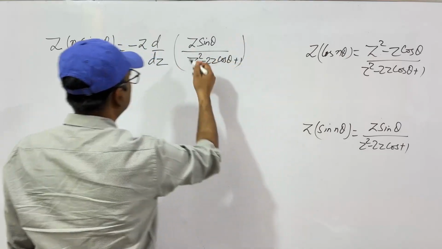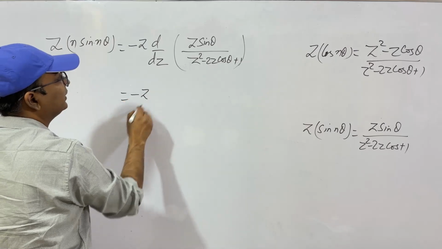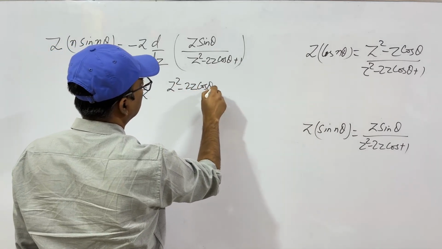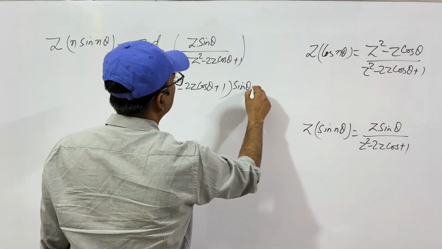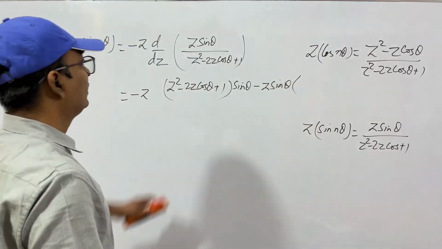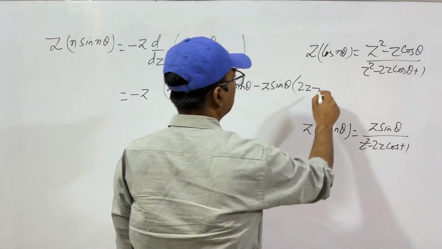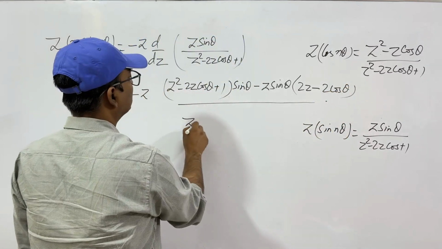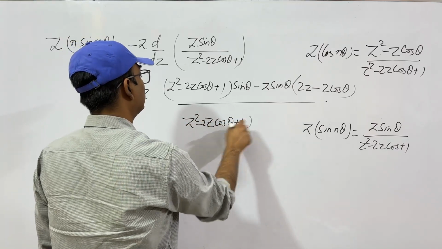This is easy because theta is constant, so the derivative is with respect to z. Here you have z square minus 2z cos theta plus 1, times sine theta, then you take z sine theta times 2z minus 2 cos theta, by the square of this, z square minus 2z cos theta plus 1 square.